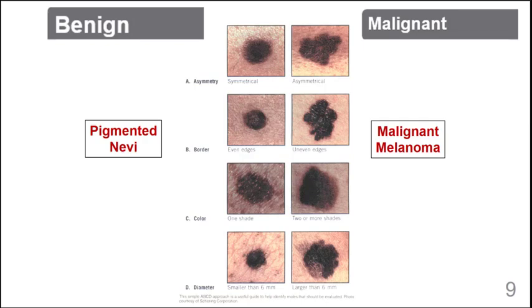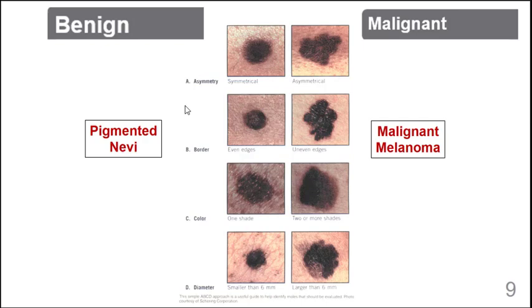So far what we've talked about is cancer of the basal cells of the epidermis. We've talked about cancer of the squamous cells of the epidermis, and now we're talking about cancer of the melanocytes specifically that are found within that basal layer of the skin.